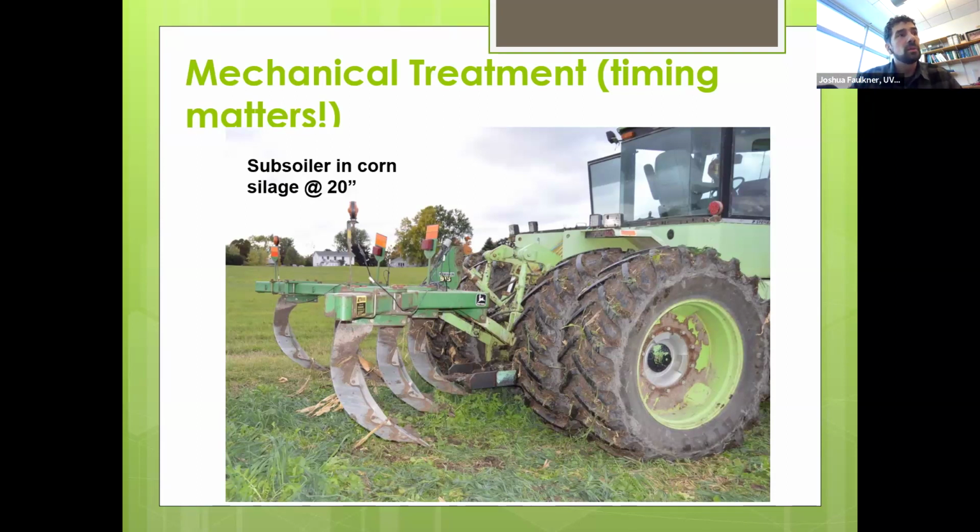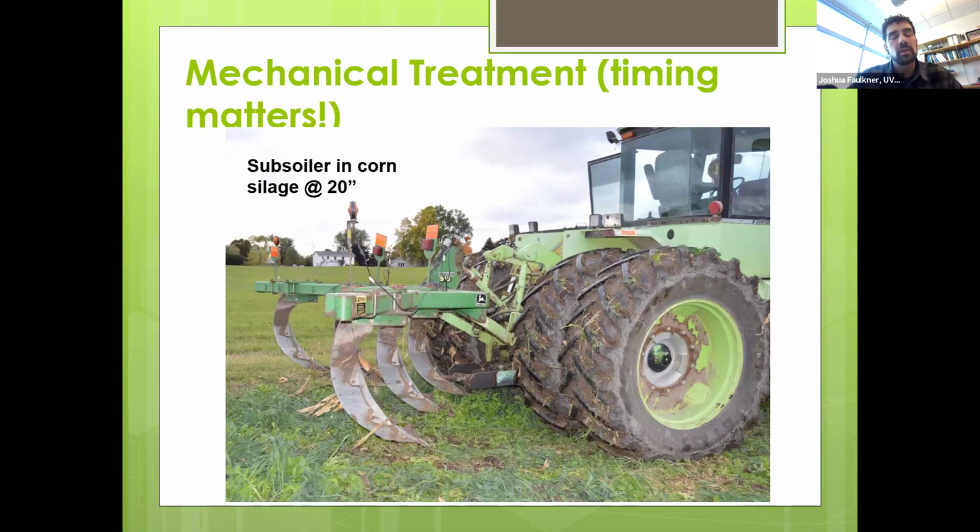So we recommend that you dig down to whatever level in the soil where the compaction exists. If you can make a snake with the soil, it's too wet to subsoil, but if it is dry enough that it won't create a snake in your hand, then it's dry enough that it'll fracture when you use the subsoil implement.